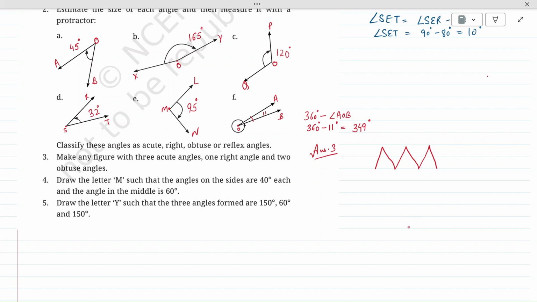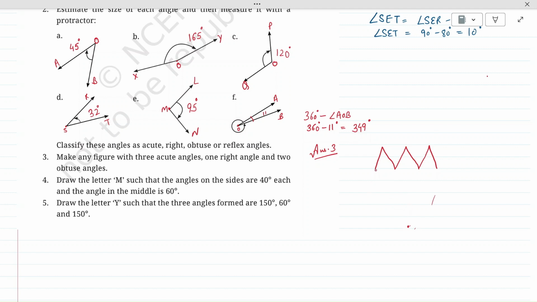So if I just make something like this, right angle means one ray will be here and one ray will be here, and 2 obtuse angles. So if I join these, this line and this, I have to expand a bit. Wait. Yeah.